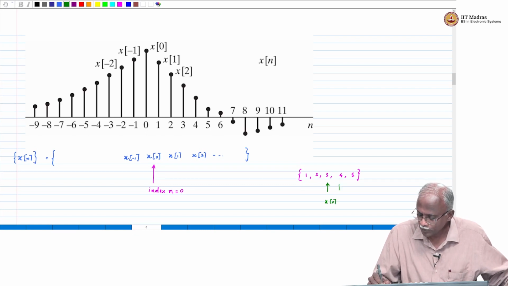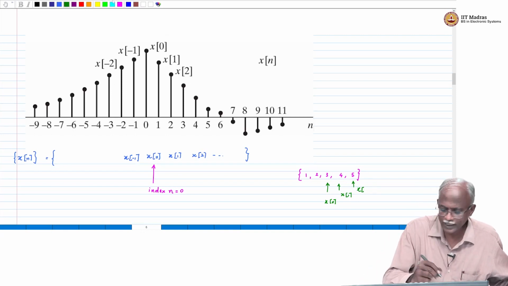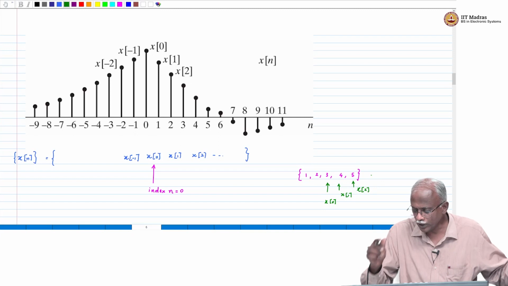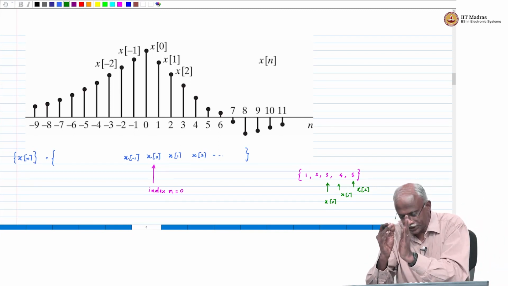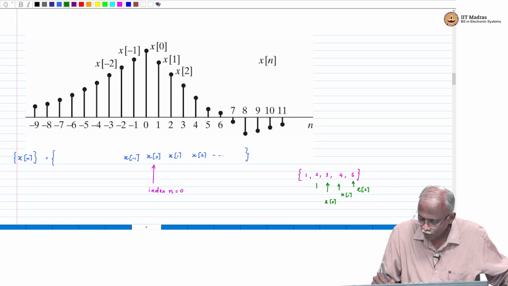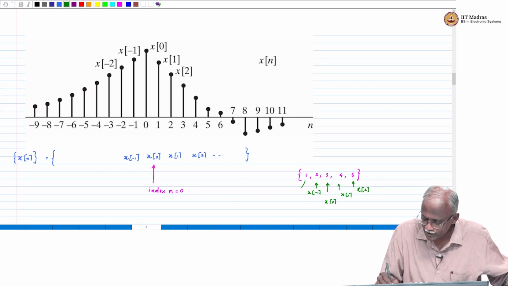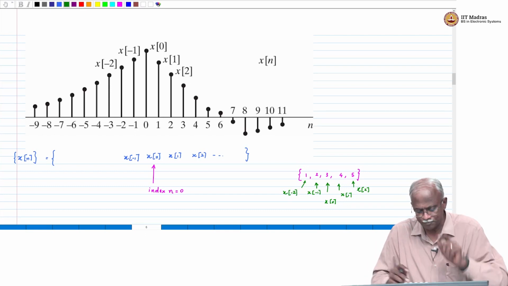The next number will be x of 1 and the next x of 2. Similarly, on the other side, you will get x of minus 1 and x of minus 2. That is the notation that we will follow, and notice that the argument of the function will always be in square brackets. That is the convention for a discrete time signal. We are able to derive these values from the position of the arrow.